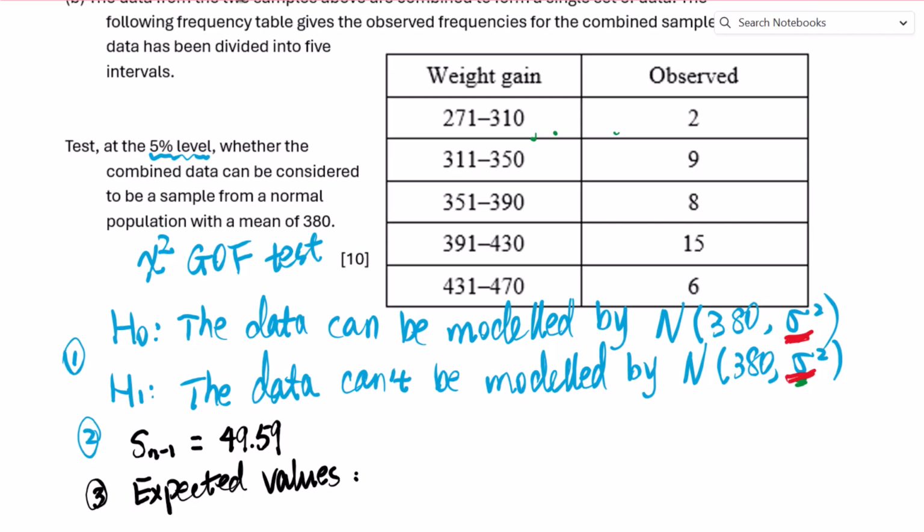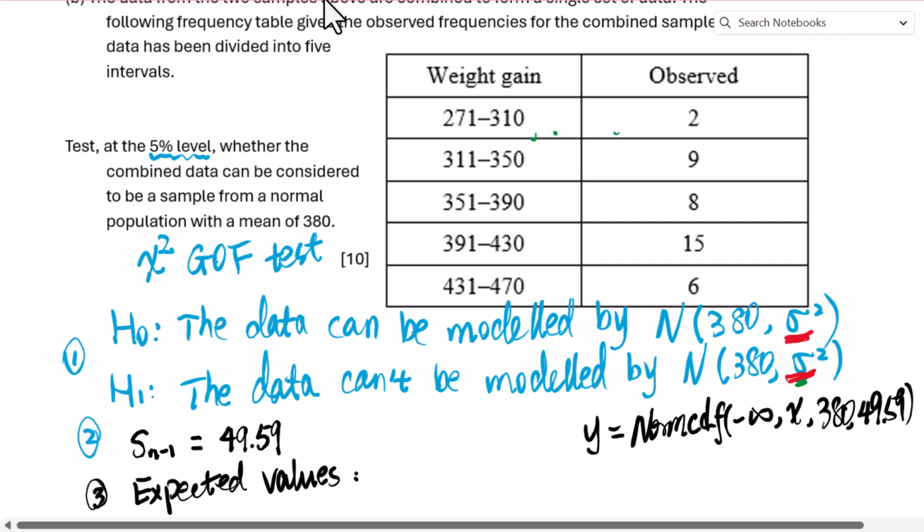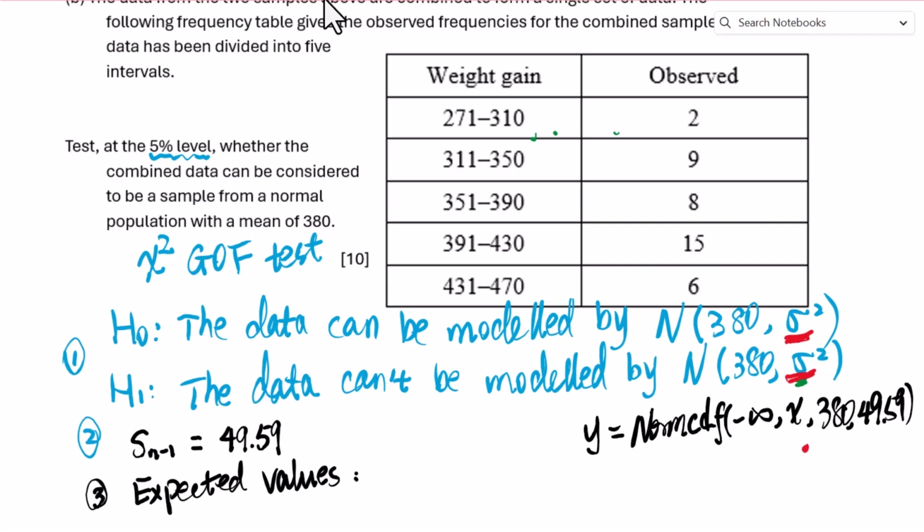We need to put the normal distribution into graph. It should be y equals norm CDF from negative infinity to x, 380, 49.59. Do not forget times the total number 40.